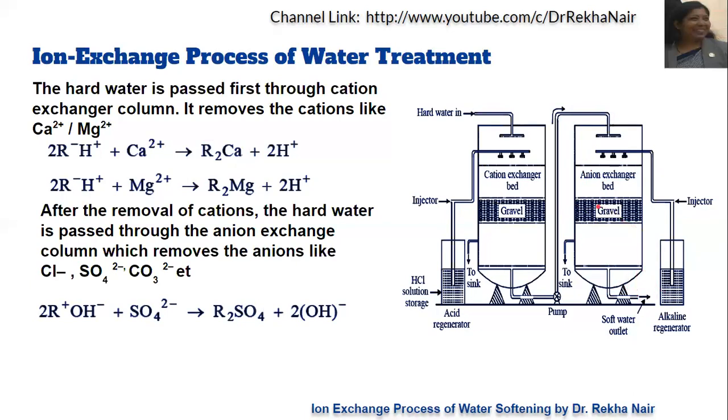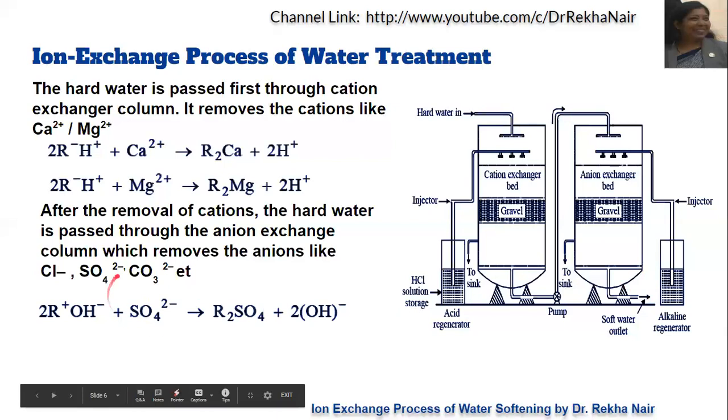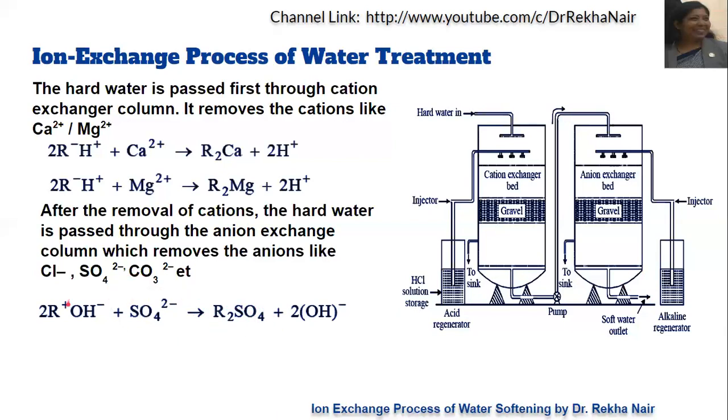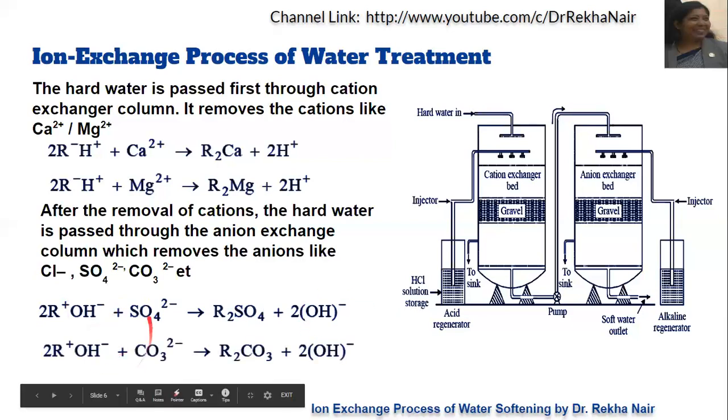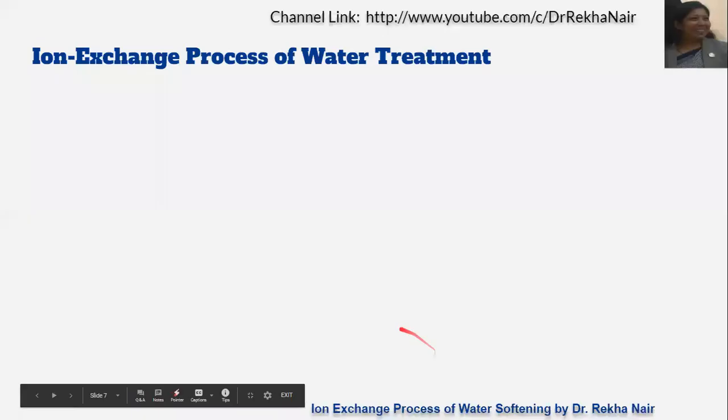In the anion exchange, the resin is represented as ROH minus. That will react with negative ions like sulfate to form R2SO4, and OH minus will be separated out. If we have carbonate, it forms R2CO3 plus 2OH minus, and if we have Cl minus, that also can be exchanged.